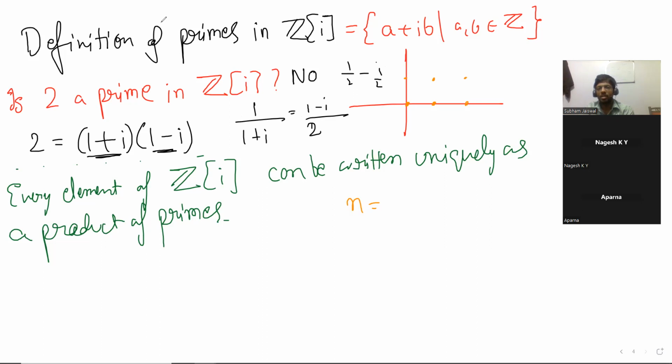So we have written 2 as a product of two other complex numbers which are in Zi, and so we have broken 2 up. So 2 is not irreducible, it can be broken up. That is our definition of prime: if something can be broken up, then it's not a prime.